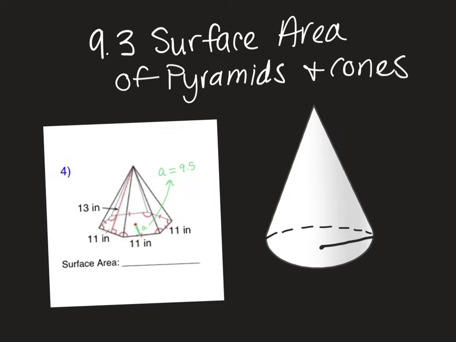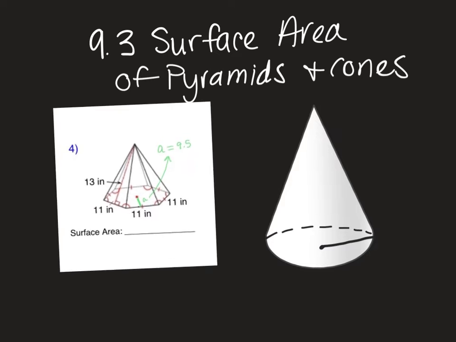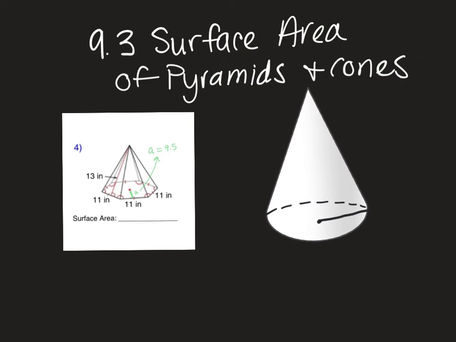All right, so we've got basically the same kind of concept as we did with surface area of prisms and cylinders. But these, I think, honestly, are a little bit easier because there's just one less step, sort of. So the surface area of a pyramid is going to be the lateral surface area plus the area of the base. Since there's only one base for these, we don't have to multiply it by 2.